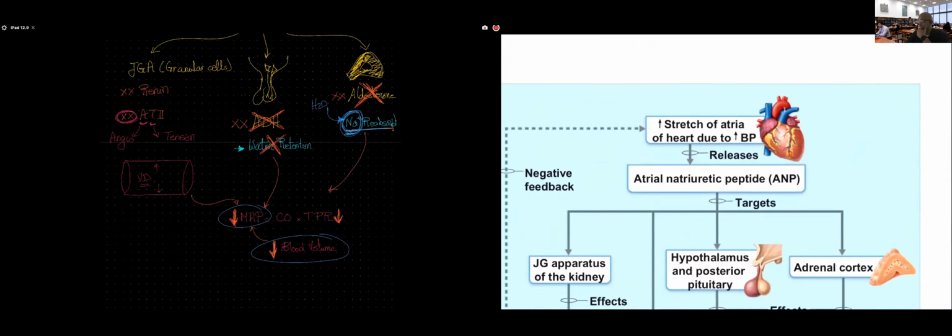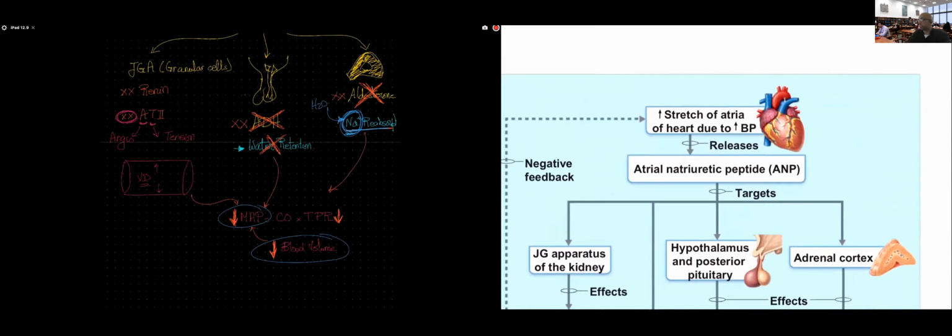All right, so looking here, what triggers the release of ANP is the increase in the stretch of the wall of the atria. And why would I have an increase in the stretch in the wall of the atria? Due to an increase in the venous return resulting from high blood pressure.